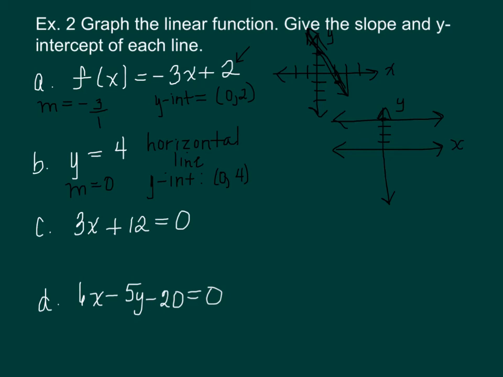For C, you have to make sure the variable is by itself. So I'm going to subtract 12. Then I'm going to divide by 3. X equals negative 4 is a vertical line. And your slope is going to be undefined.